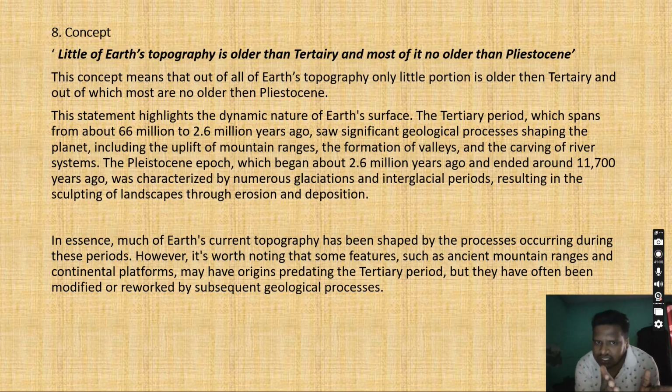So we can say all of the topography of earth is older than Tertiary, behind 66 million years ago, but most of it is not older than Pleistocene. Pleistocene means 2.6 million years ago.